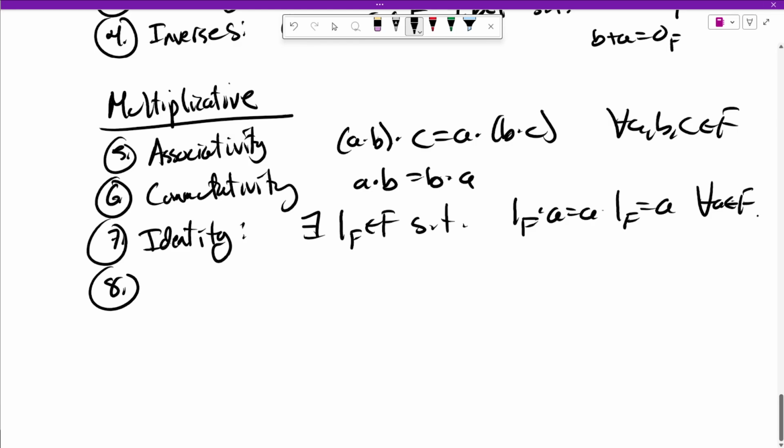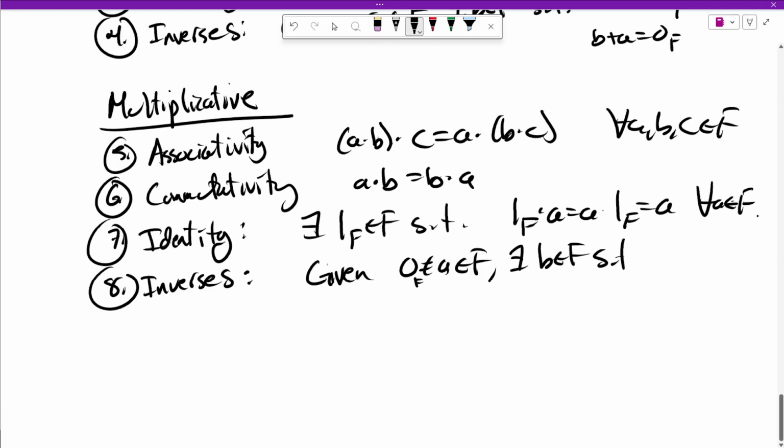And 8, inverses. That is, we need to be able to divide. So for all A in F, there exists B in F. Well, this is not true, actually. Given a non-zero element A in F, there exists B in F such that A times B is B times A is 1.